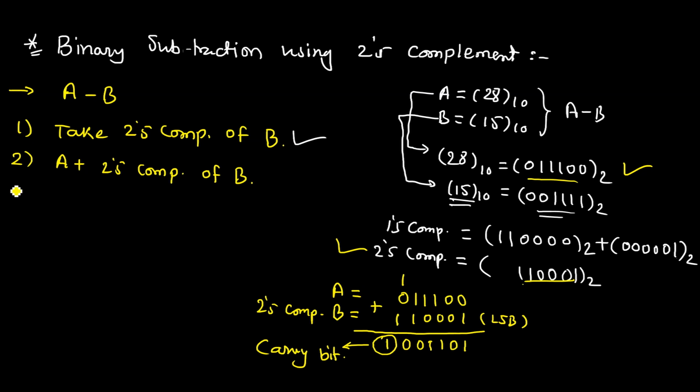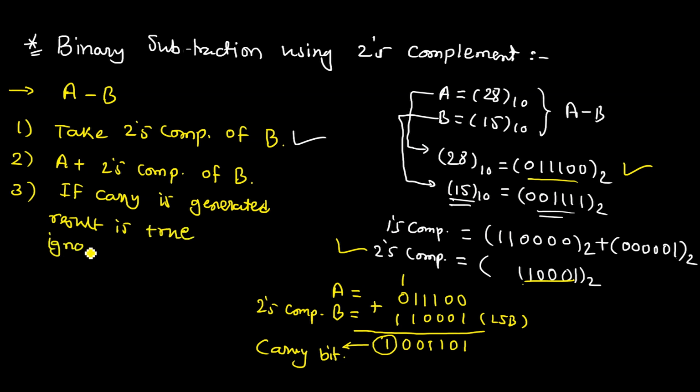The third step is: if carry is generated, then the result is positive and in true form. That means the carry is ignored. So if carry is generated, then the result is true and we ignore the carry bit, and this is the final answer.